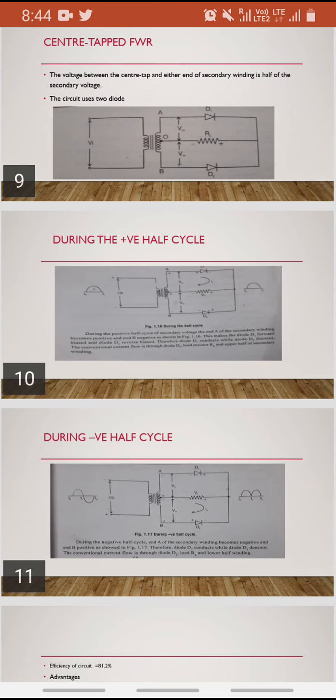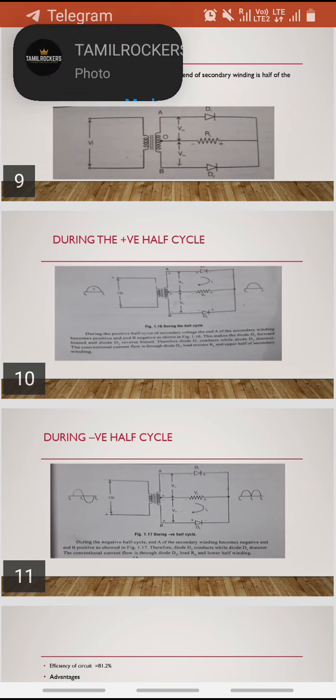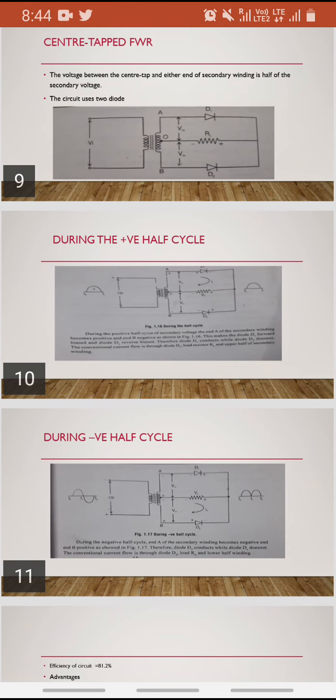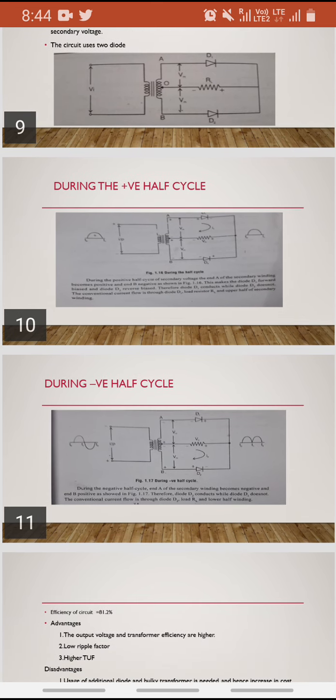Diode D1 utilizes the AC voltage appearing across the upper half, and D2 uses the lower half winding, which means OB, the lower part of the center tap. During the positive half cycle, end A of the secondary winding becomes positive and end B becomes negative.